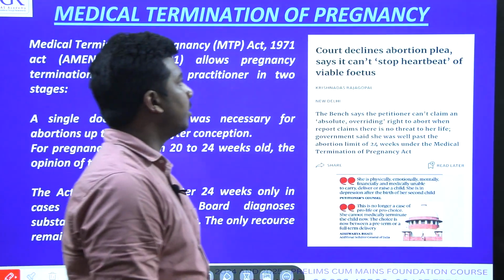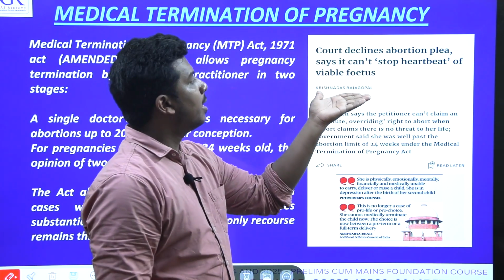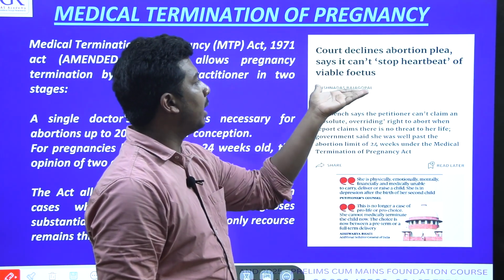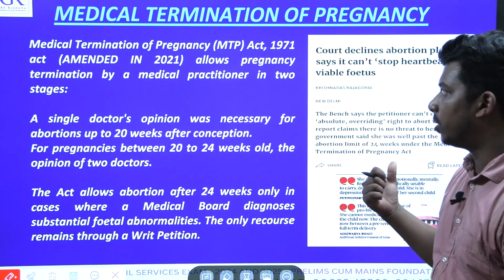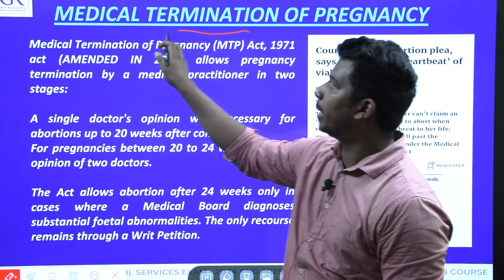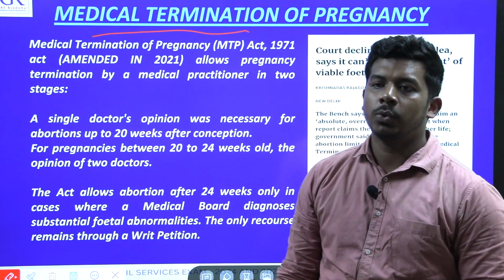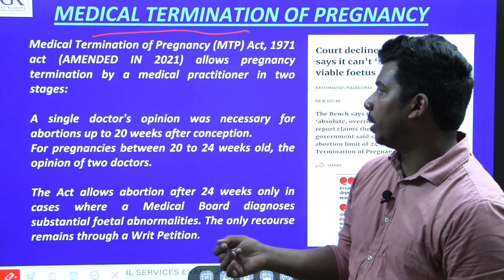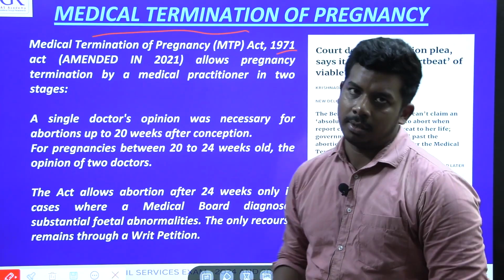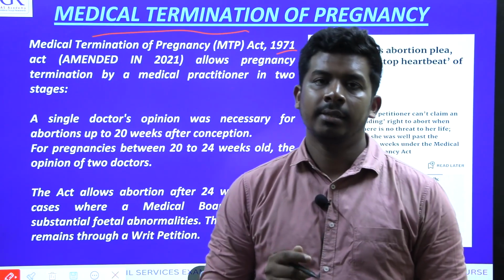So the next news article is: court declines abortion plea, says it can't stop heartbeat of a viable fetus. So to understand this news, first you have to know about the Medical Termination of Pregnancy Act in India. So there is one law in India regulating abortion. Before 1971, abortion was illegal in India.